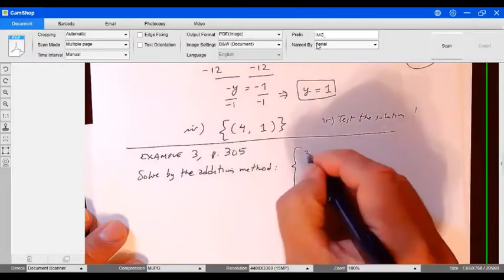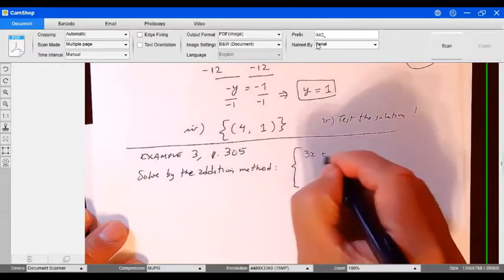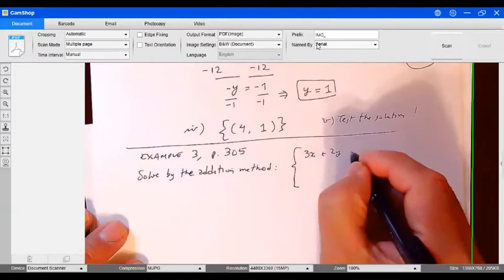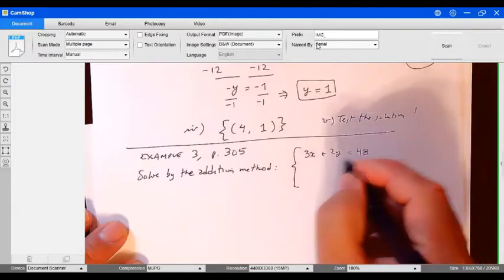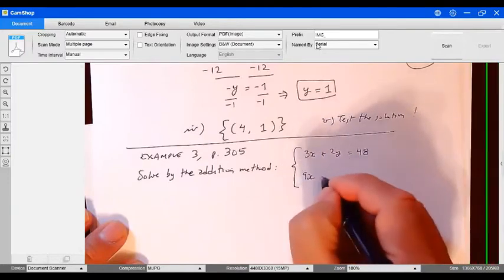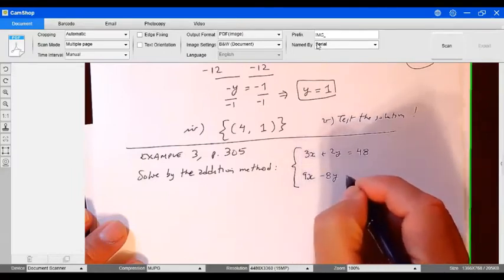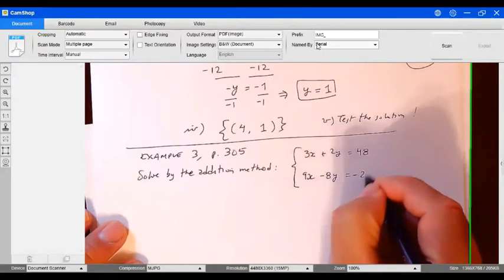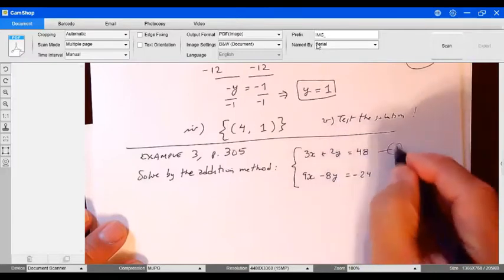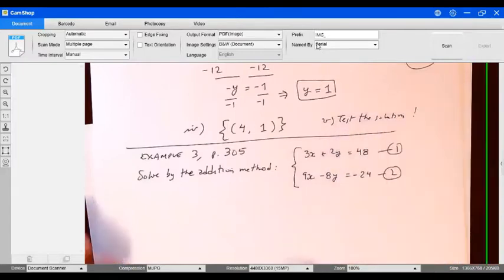We have 3x plus 2y equals 48, 9x minus 8y equals negative 24. So I have equation 1, I have equation 2.